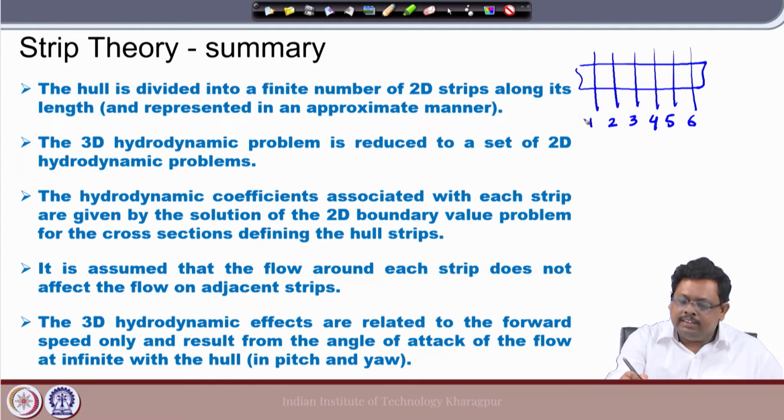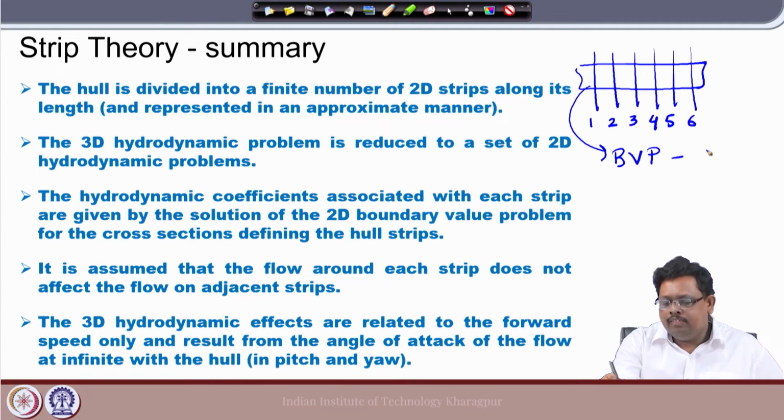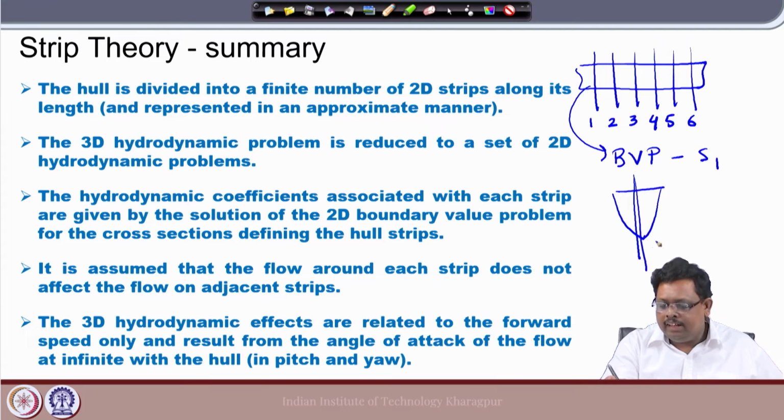Now, I say when I solve the boundary value problem, we can call it the BVP, boundary value problem for strip 1. So, then you have the flow in all directions, right. Now what happens when I solve, let us say, the radiation problem. So, it means that this strip, let us say this is the strip, I am oscillating in, let us say, some heave mode.